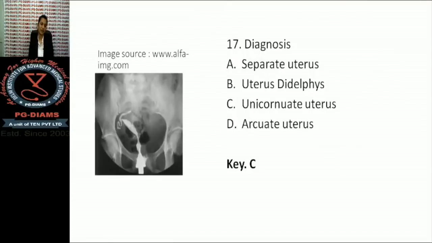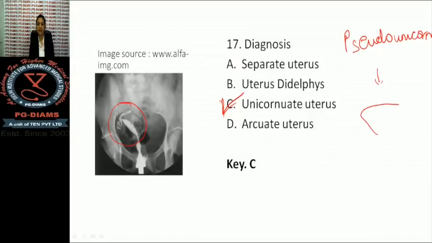Now there was a diagram similar to this one, unicornuate uterus. This is a straightforward question. The answer is unicornuate uterus only if the option was not pseudo-unicornuate uterus. Pseudo-unicornuate uterus is a condition in which there are uterine adhesions, so that one half of the uterus is completely obliterated because of adhesions, and you see only one half of the uterus on HSG.